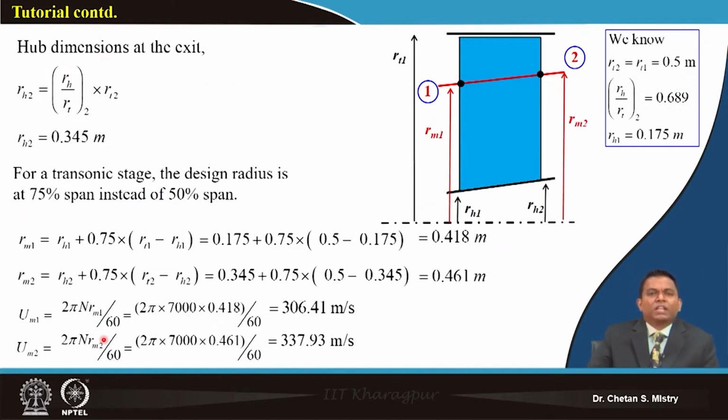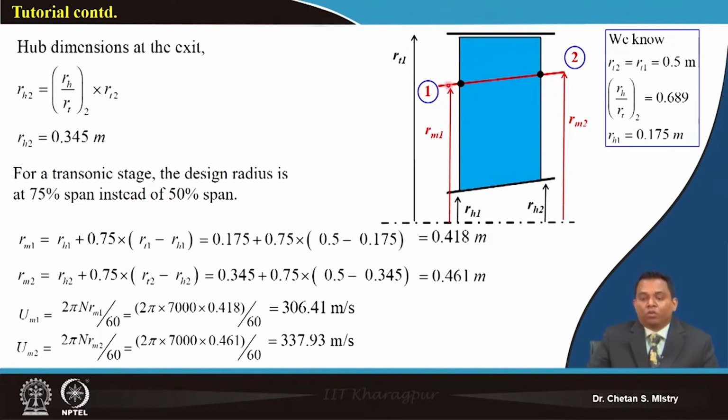Now here in this case, once the hub to tip ratio at the outlet station is known, we can calculate what will be the hub diameter or hub radius at the exit, and this is what is coming as 0.345 meter. Now in order to do our calculation at 75% span, we need to have our mid station.